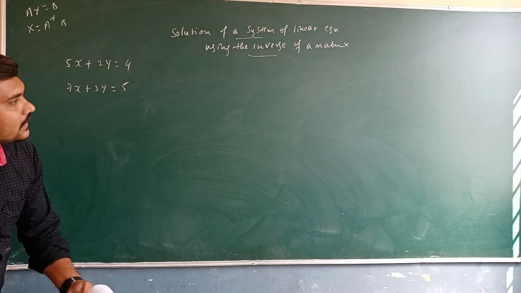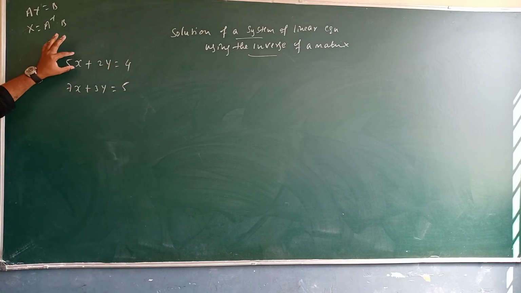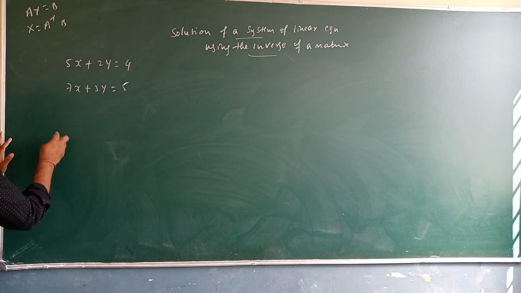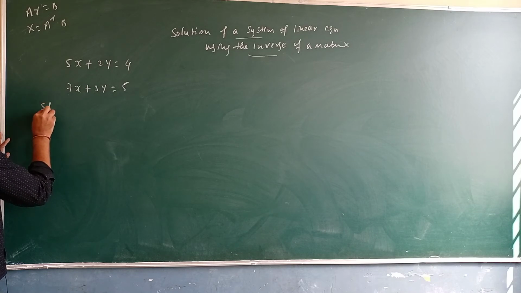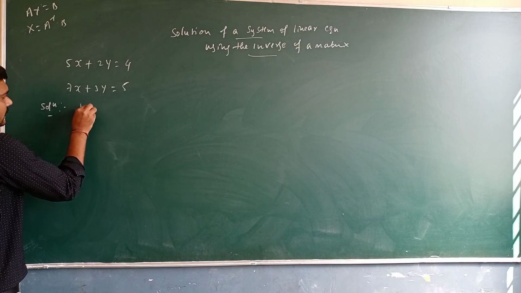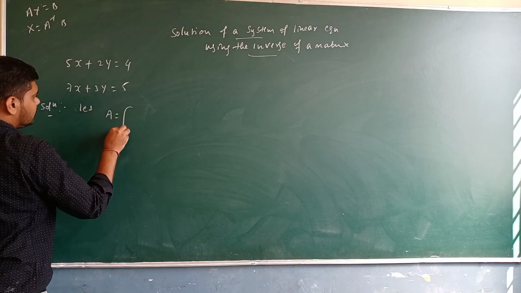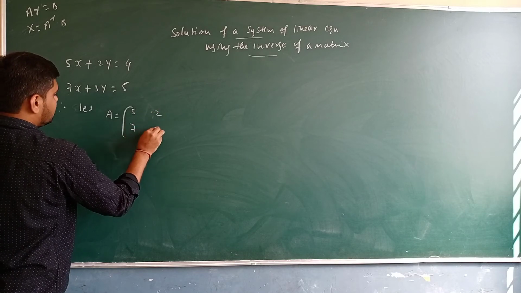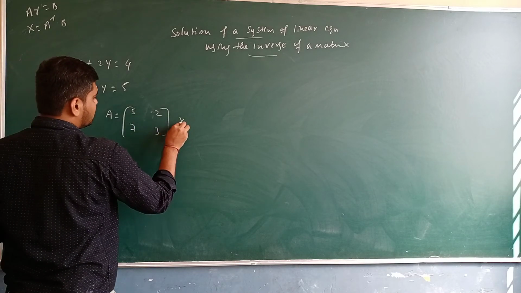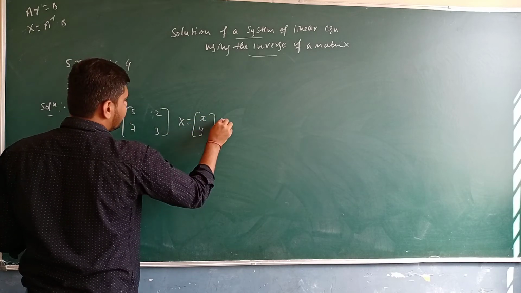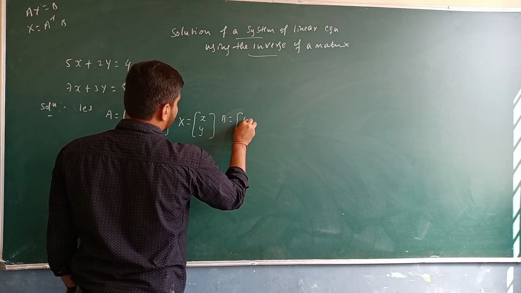So just compare with the standard equation a1x plus b1y is equal to c1, a2x plus b2y is equal to c2. Then it can be written as solution. Let a be the matrix 5 2 7 3, x is equal to x and y, and b is equal to 4 5.